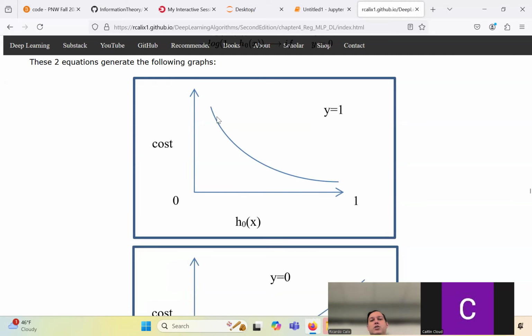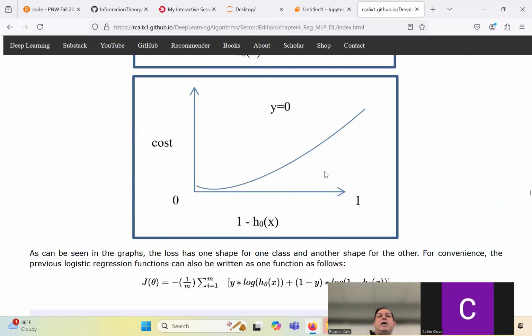And when you start descending to minimize entropy, you arrive at the 1 over there. And when the value is 0, you plug in the function, then the graph looks like this, because basically you're trying to predict towards 0. So of course, you start descending to minimize entropy here, which means you minimize to 0.